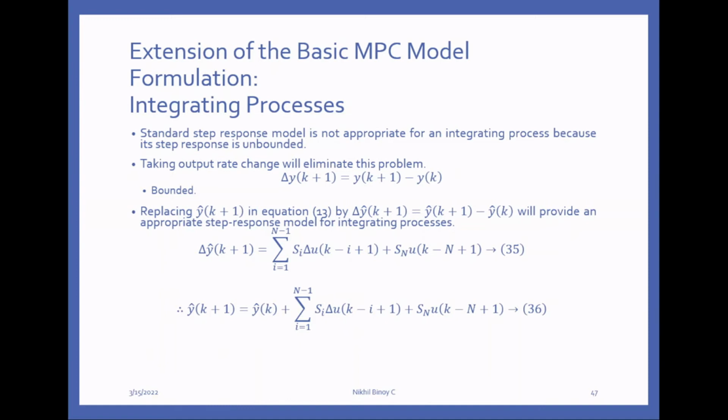You can see that the one-step-ahead prediction used for a normal process and the integrating process have a slight difference. Here we have an additional term y cap of k; in a normal process that is absent. With this slight modification we can extend the basic model predictive control model to integrating processes.